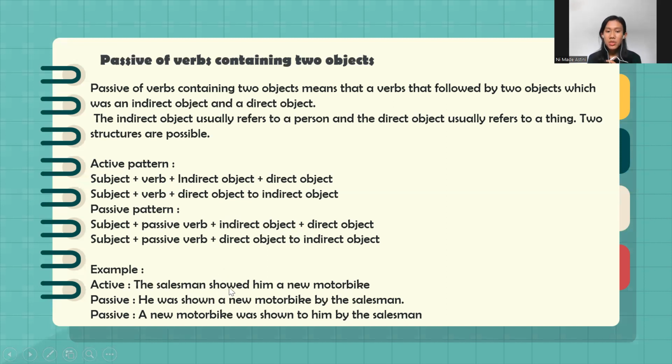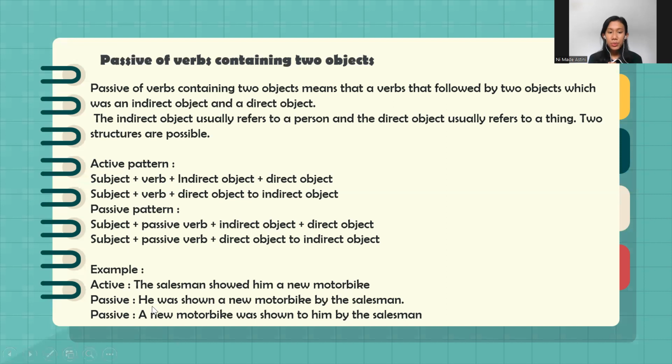The salesman showed him a new motorbike. The salesman is the subject, and showed is the verb. Him is the indirect object because it's a person, and a new motorbike is the direct object.